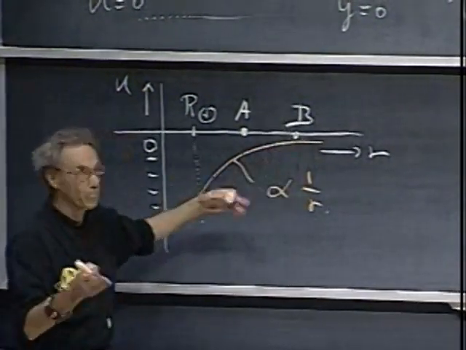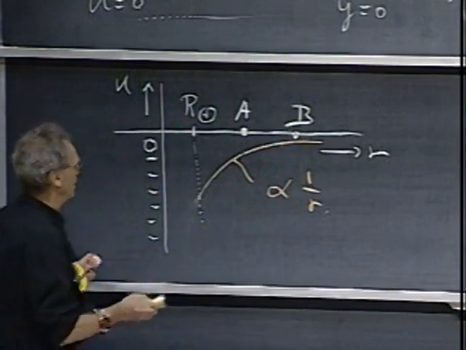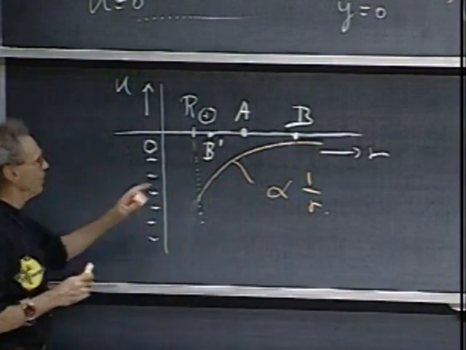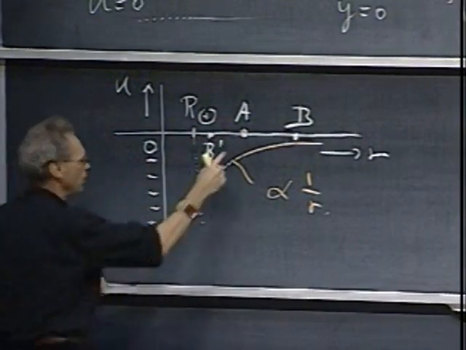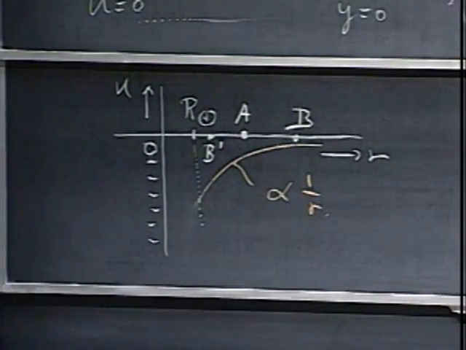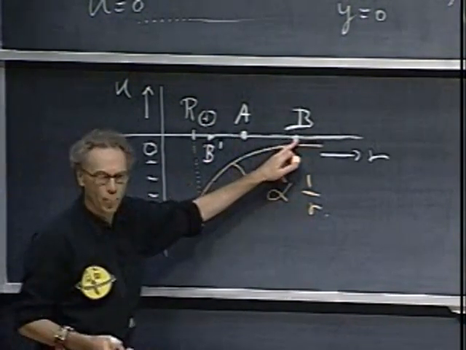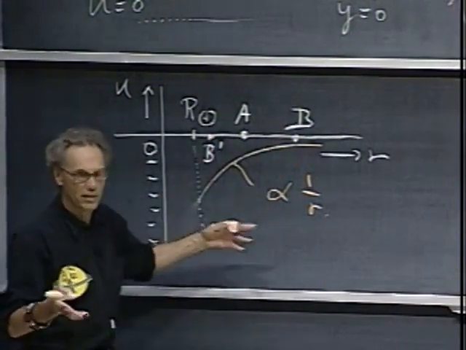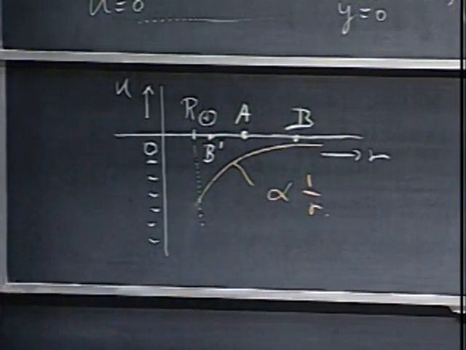I have to do positive work. If I go from A to another point, B prime, which is closer to the Earth, notice that the gravitational potential energy decreases. I do negative work. If I do positive work, gravity is doing negative work. If I do negative work, gravity is doing positive work.